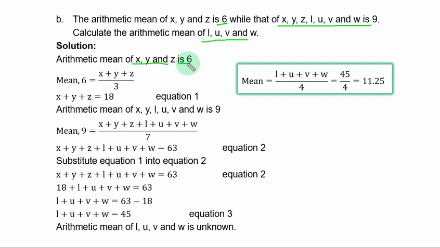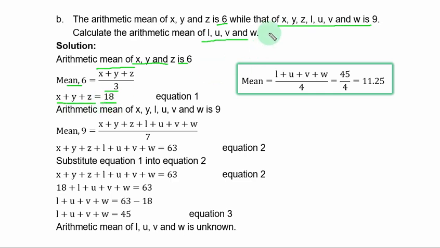From the first line, the mean is 6 and is equal to the sum of S, Y, Z over 3. You have 3 letters. Multiply through by 3, you have S plus Y plus Z equal to 18. Let's call that equation 1.